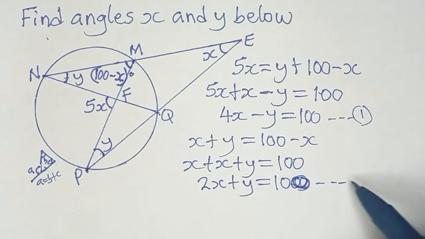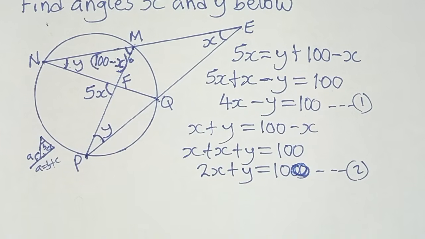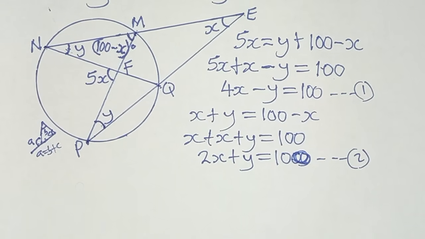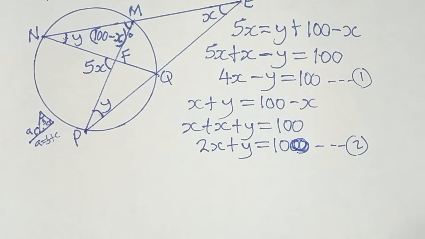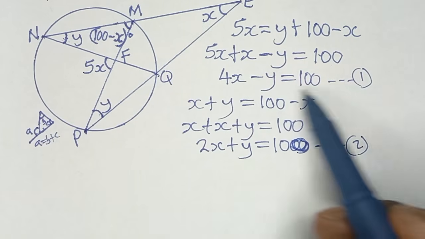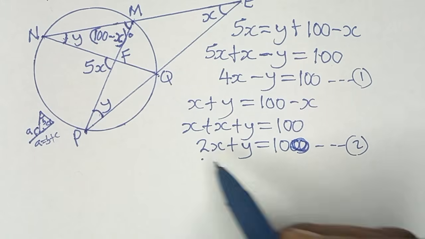So I can now call this equation 2. So now I want to solve equation 1 and equation 2 simultaneously. I believe you know how to solve simultaneous equations. This is already equation 2. Let me bring down equation 1. Equation 1 is 4x.